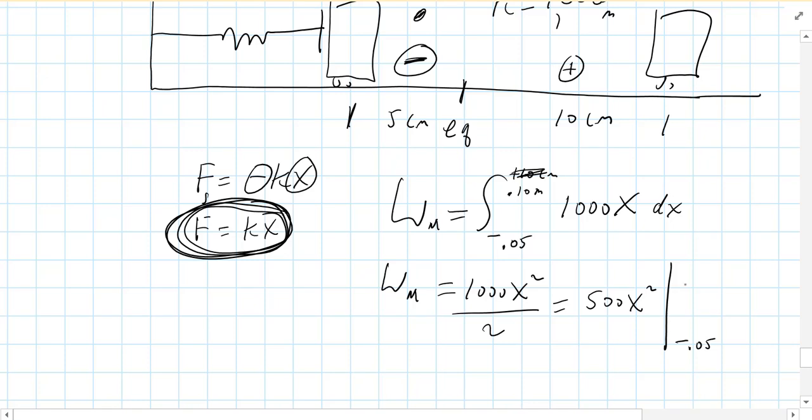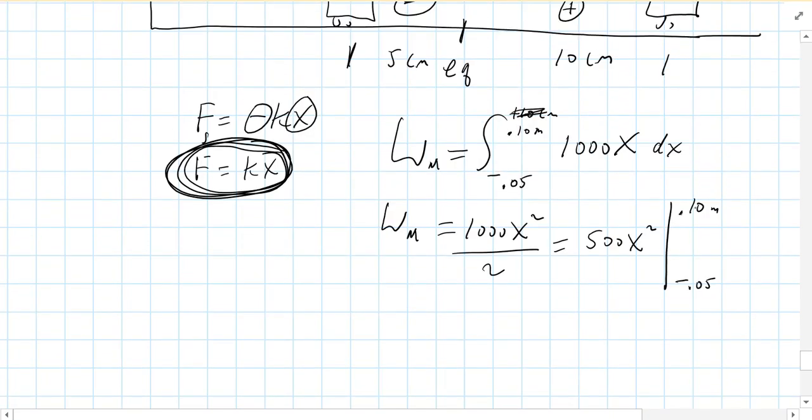So if I plug that in, 0.1 squared is 0.01 times 500 would be 5. And then minus, this would be a quarter of that, so 1.25. And so you get positive 3.75 joules.